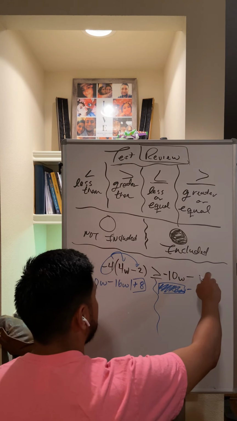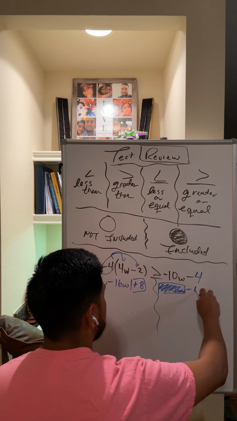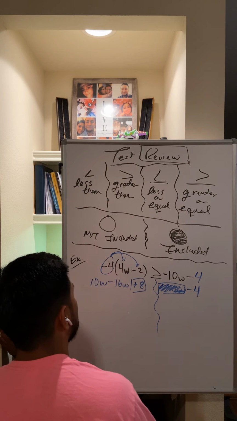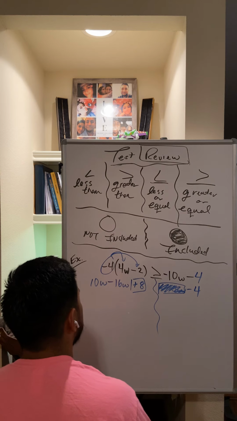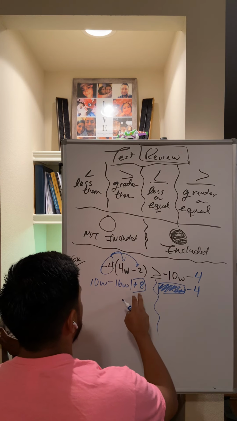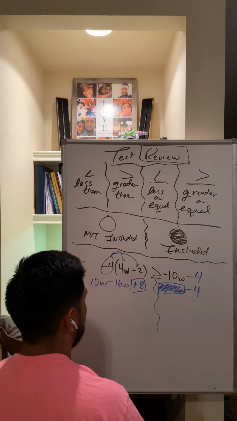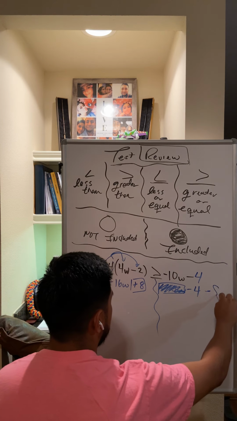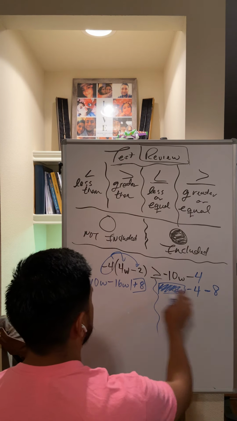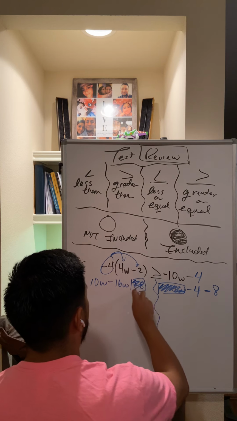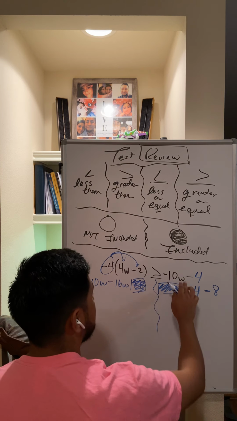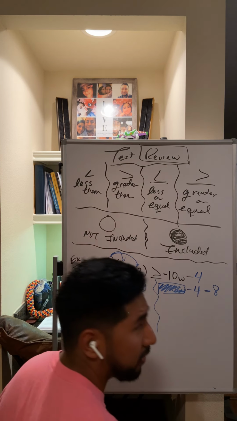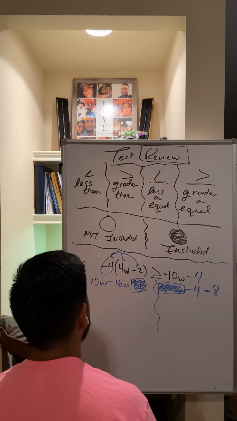Yeah, just make that a 4. Moving that on over, negative 8 now. All I did right here was change the beginning of the problem, because it was going to give us a decimal. I don't want a decimal.